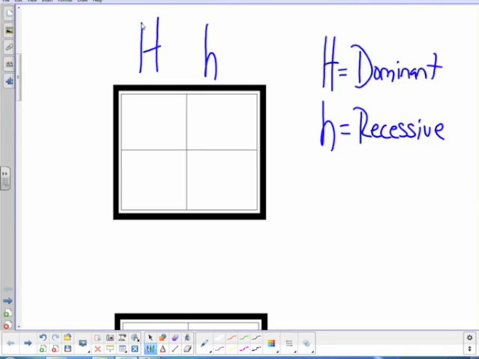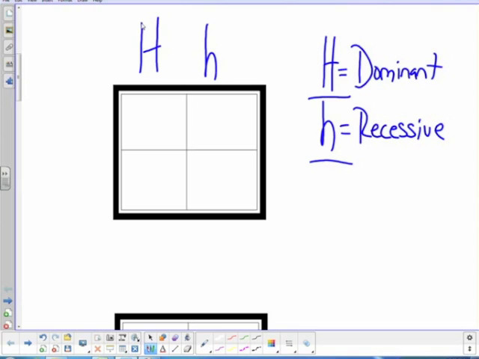So capital H is dominant, lowercase h is recessive. And again, it doesn't matter what letter you use. You can use any letter, but what's important is that you use the same letter. It has to always be the same letter within a particular Punnett square. And also that you understand that the capital letter is dominant and the lowercase is recessive.